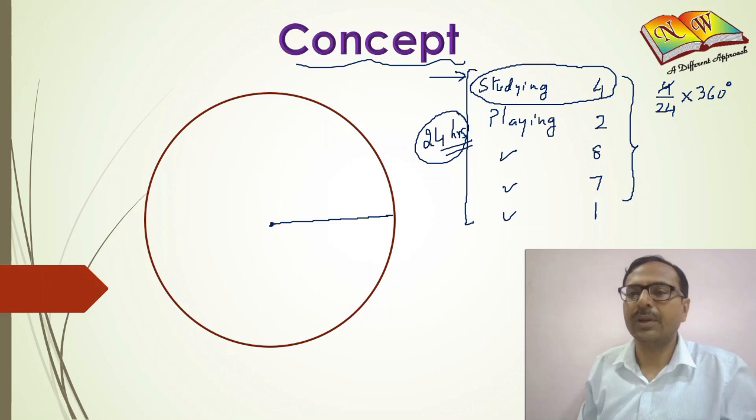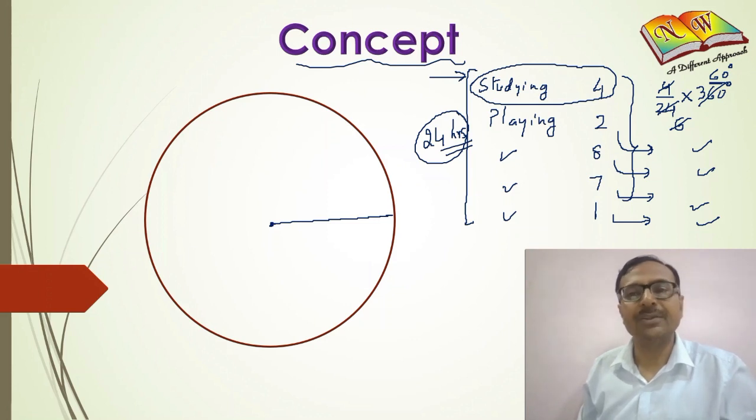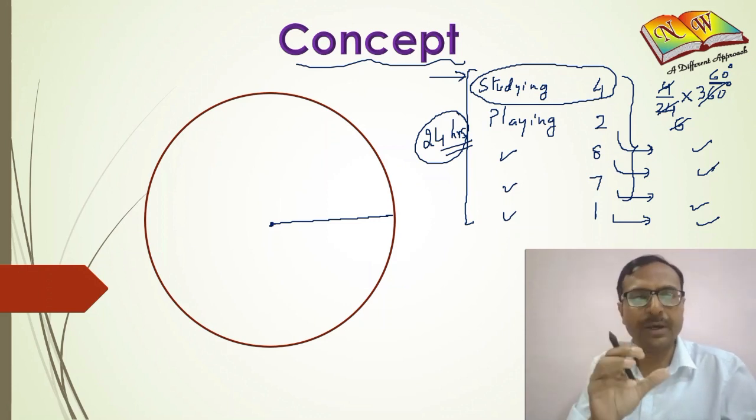So 4 cancels 24 6 times, and 6 cancels 360 60 times. So we have an angle of 60 degree, and likewise we are going to calculate the angle for all the heads, and the total angle which you obtain should be 360 degree.